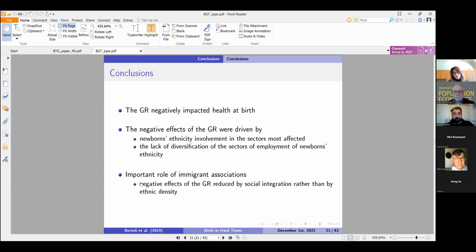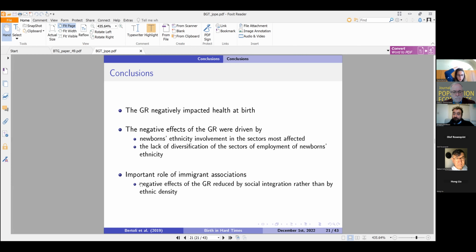So overall, our findings suggest that relative to natives, immigrants in Italy start their life cycle with more disadvantages during times of crisis. And this could translate into a widening of the socioeconomic gap between natives and immigrants later on.